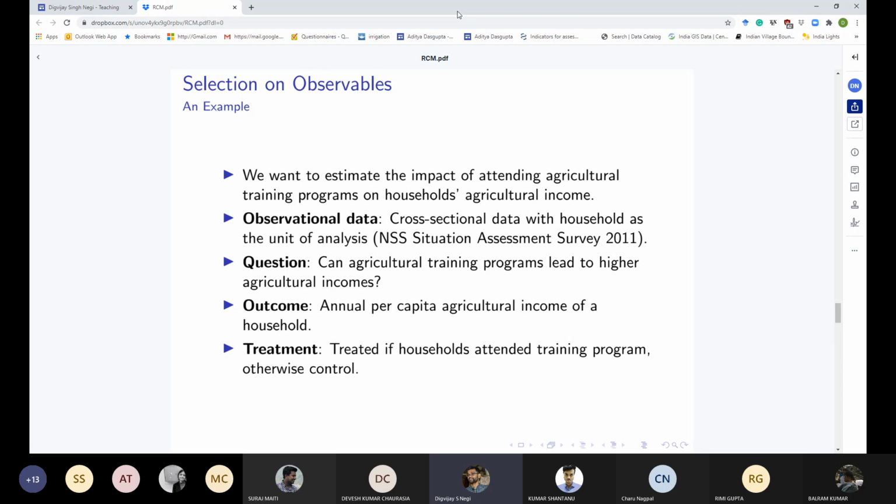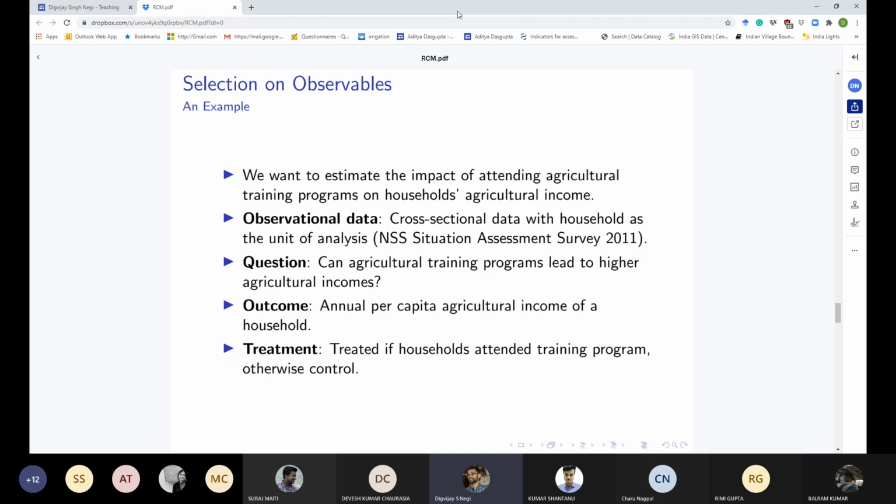So all these activities which the ICAR does to inform farmers about new technologies and new advances in agriculture come under extension. We call that agricultural extension, so extending the research activities to the farmers.